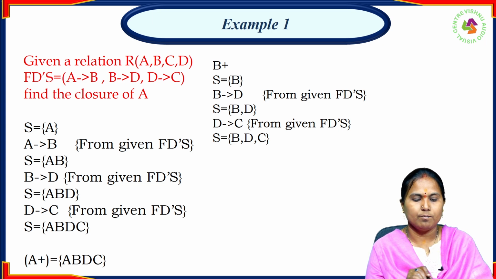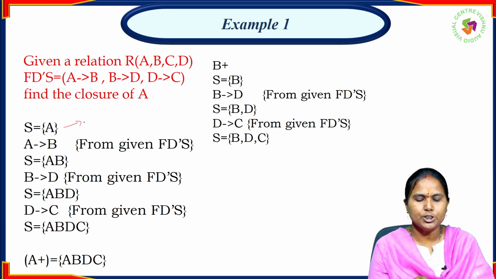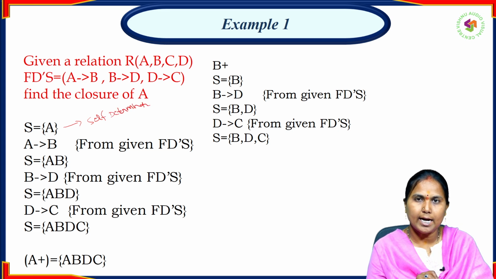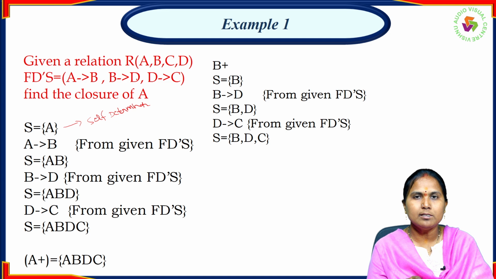this example. See here, the first one is S equal to A. That means this is called self-determination. That attribute itself determines. And given functional dependency, A determines B. So we have to give S equal to A, B. If any association exists for B with some other attribute in the given FDs, yes, B determines D also.